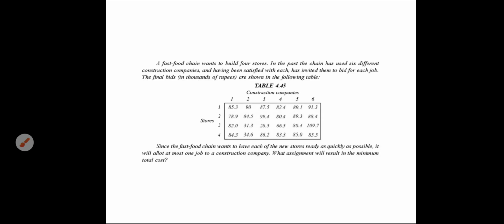You can multiply with 1000, no problem, but there is a space problem. As there are decimals like 87.5 and 82.4, you multiply with 10 to cut out the decimals so that you can simply add and subtract. So this is the matrix.